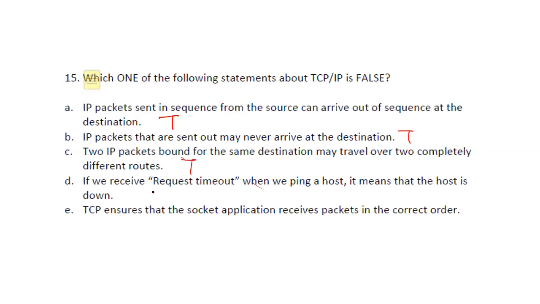For D, if we receive a request timeout when we ping a host, it means that the host is down. When we try to ping a host, what we are doing is sending over what we call an ICMP packet.